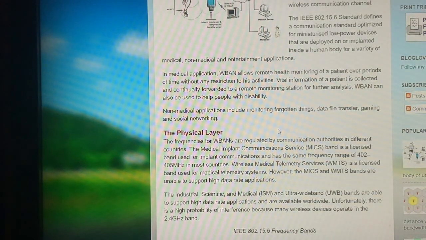In medical applications, the WBAN allows remote health monitoring of a patient over periods of time without any restriction to his activities. Vital information of a patient is collected and continually forwarded to a remote monitoring station for further analysis.